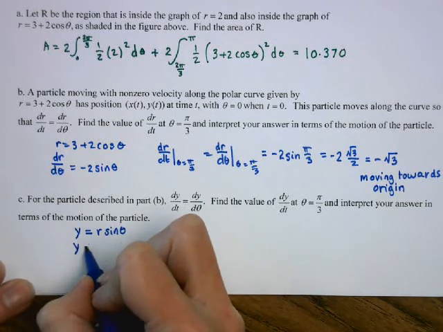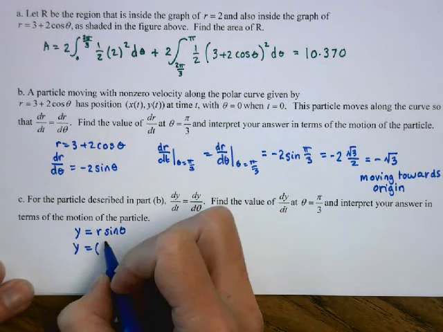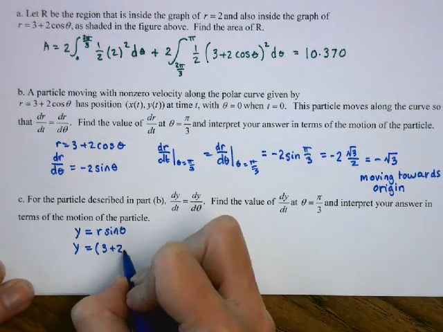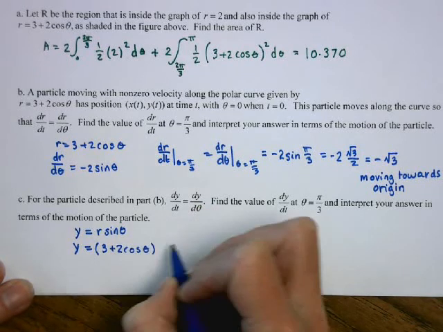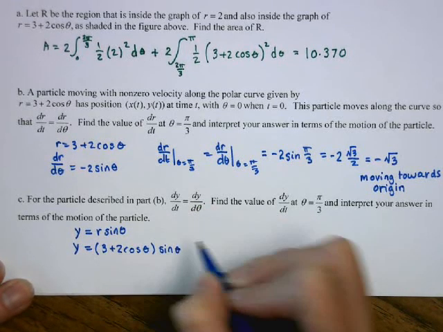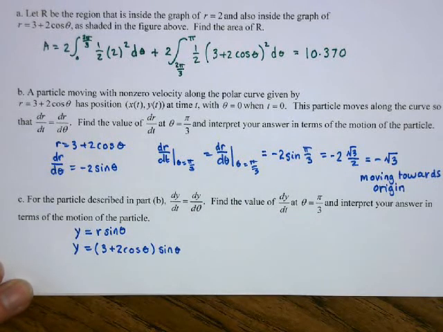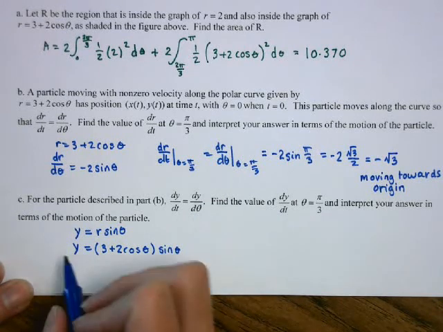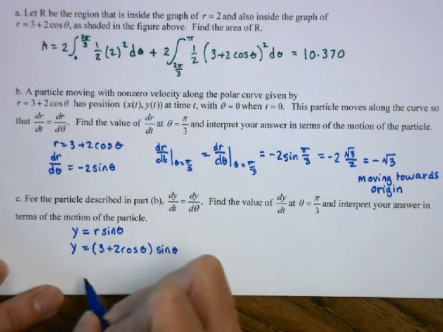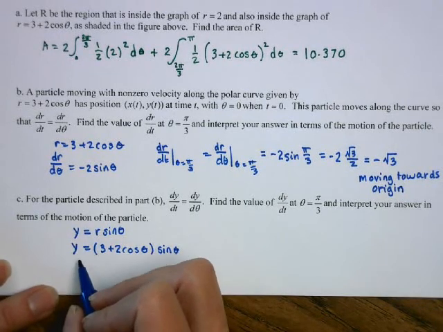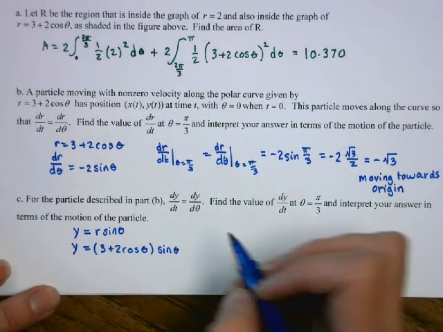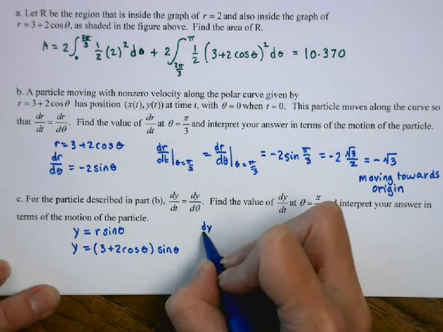So y equals, my r is 3 plus 2 cosine theta, times sine of theta. So you can just do this in your calculator if you want, or do the product rule and all that.